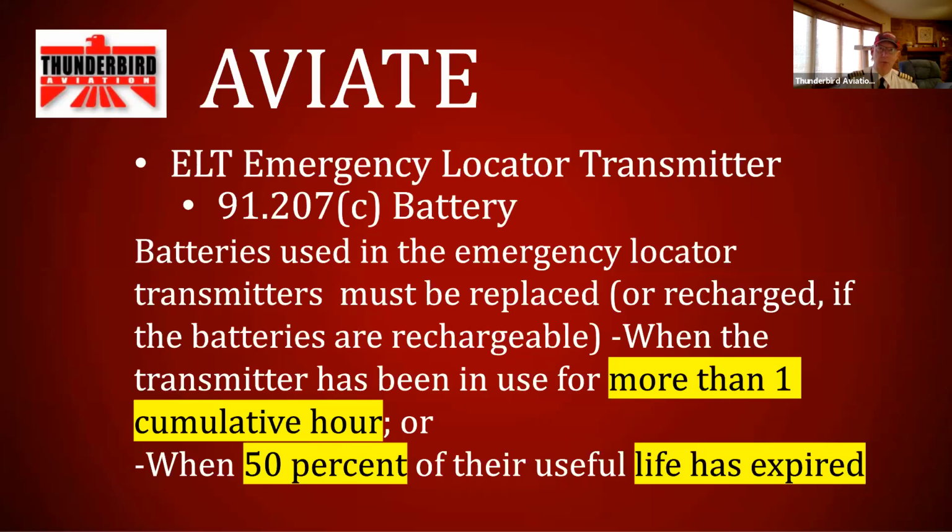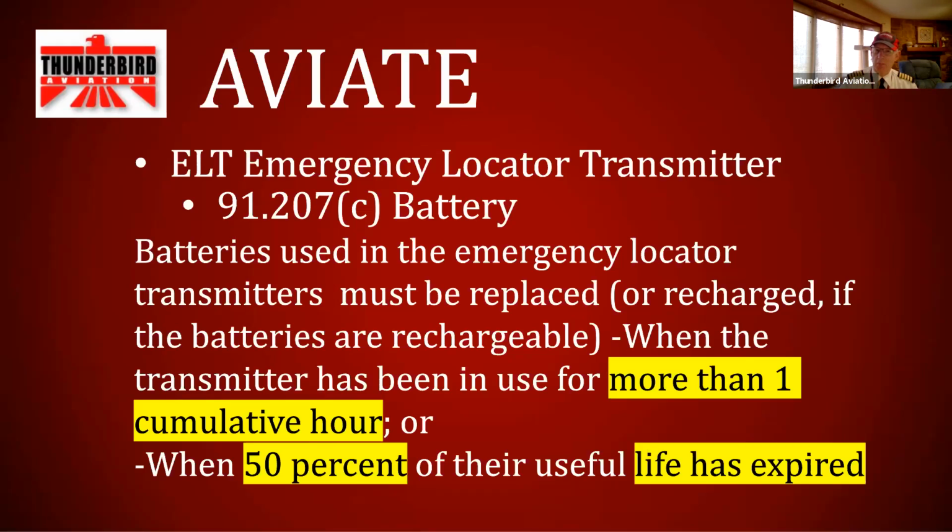Now, what actually most likely happens, especially on our 121.5 kind, is there's a hard landing. The little automatic system turns the ELT on. By the time somebody finally figures out which airplane is transmitting on 121.5, it's probably been 2 or 3 hours. Then you've got to change the battery. So change the battery at 1 hour of cumulative use, or 50% of the battery life.